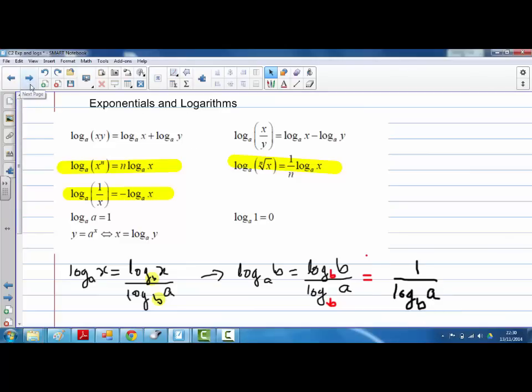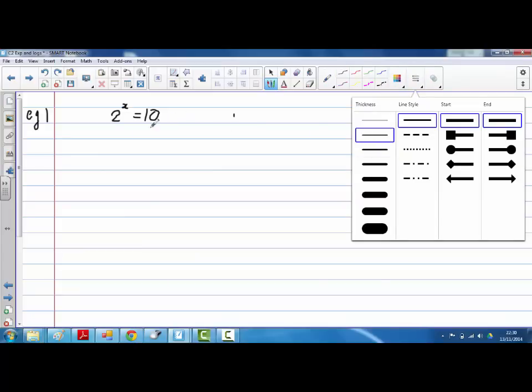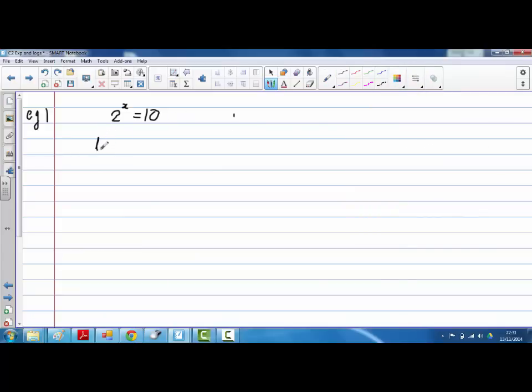Let's look at how we can apply this. Let's start with an easy example. So let me just get my pen out. We've got 2 to the x equals 10, and we're just going to take the logs of both sides. The power comes down using the power law.